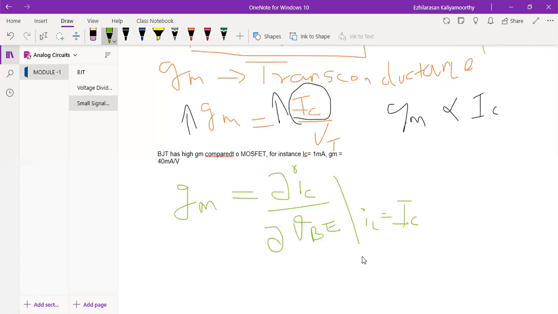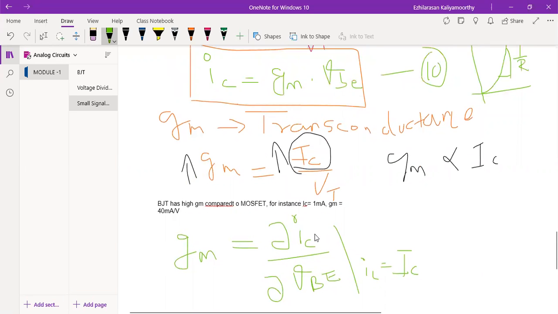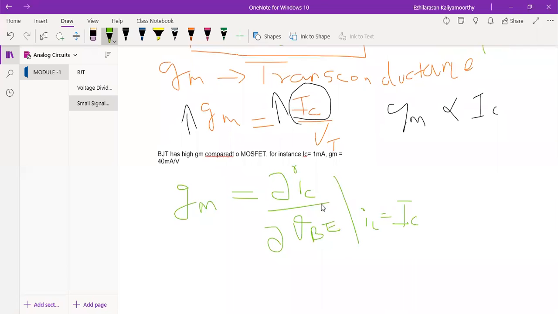Now you can replace this by dou ic. Already we know that this is nothing but the small change in the base emitter voltage. It will change the collector current actually. If there is a change in base emitter voltage, then there will be a change in the collector current.